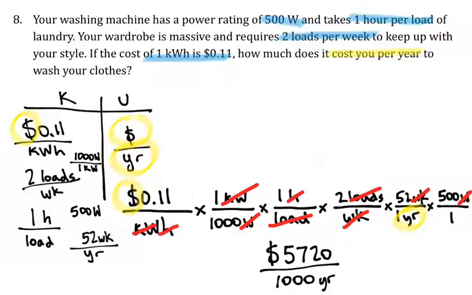Work it, right? Put it into your calculator. 5,720 divided by 1,000 is equal to $5.72 per year. And that's how much it costs to do your amazing wardrobe.